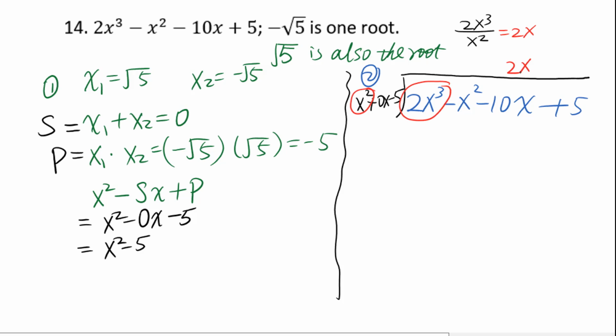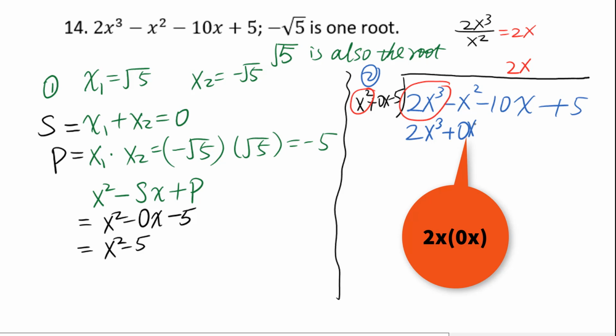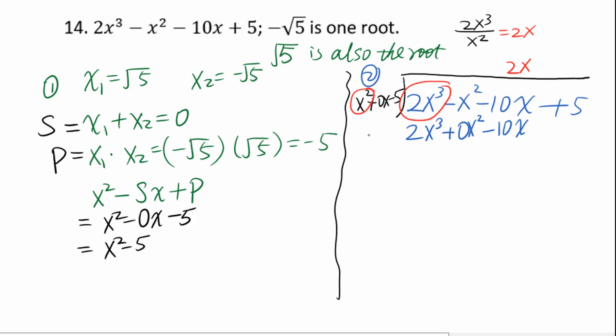So 2x here. 2x third power, 0x squared, then minus 10x. Subtraction: change the sign to do the addition.